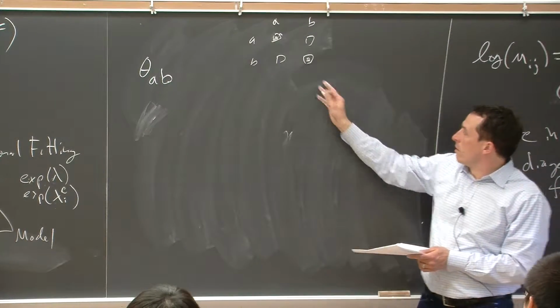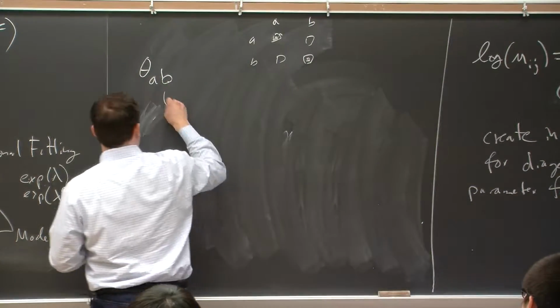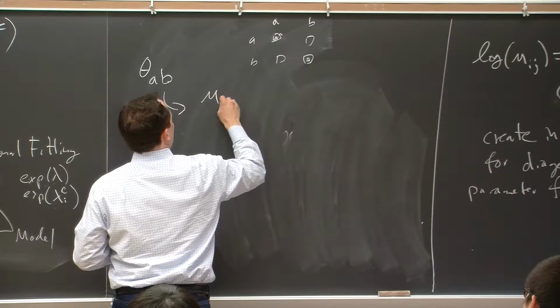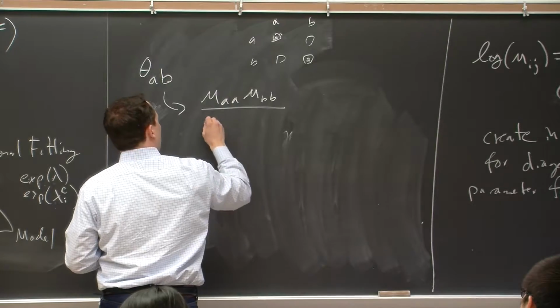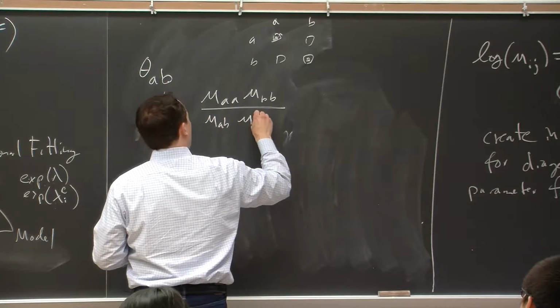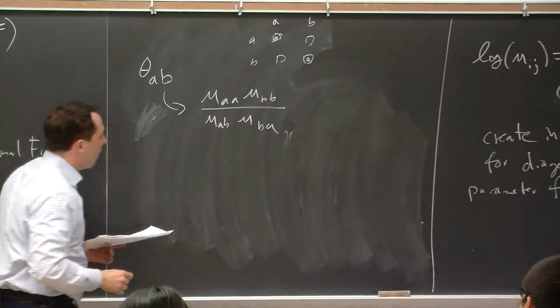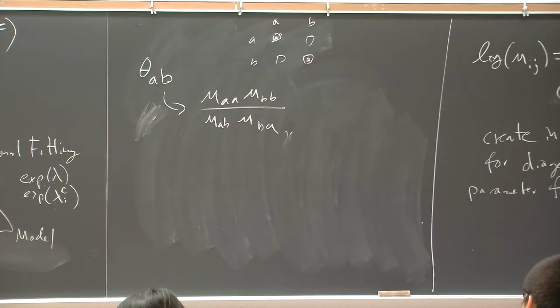So this odds ratio is not assumed to be 1. It's going to be the count mu AA, mu BB, divided by mu AB, mu BA. And that odds ratio won't be 1.